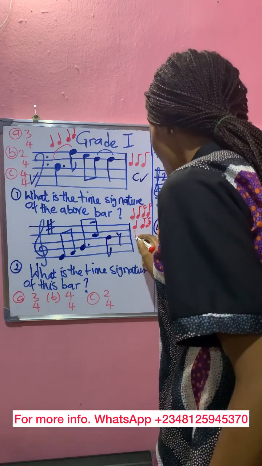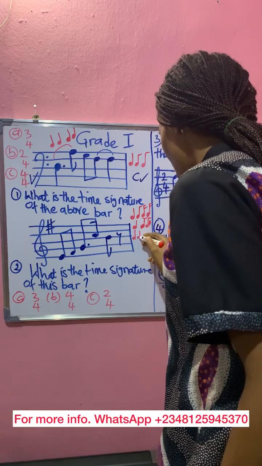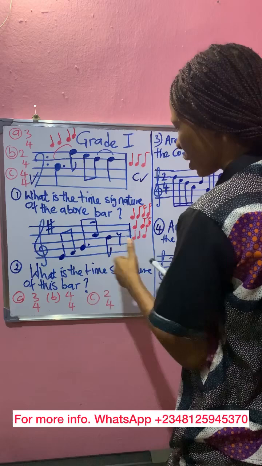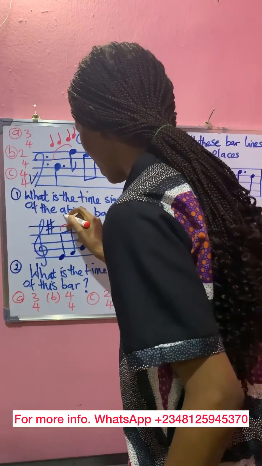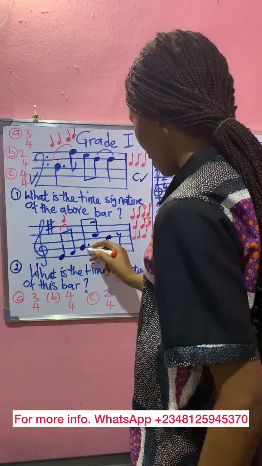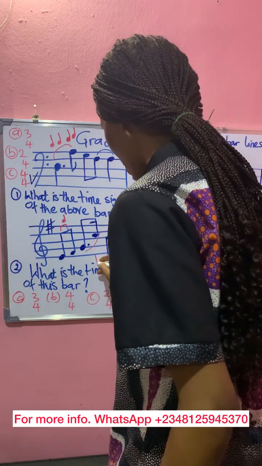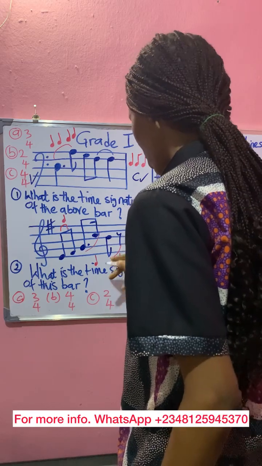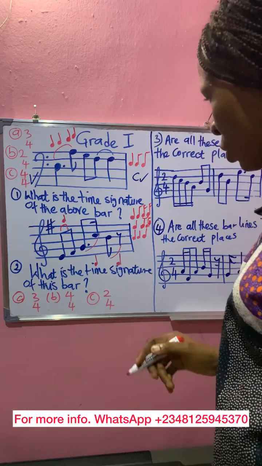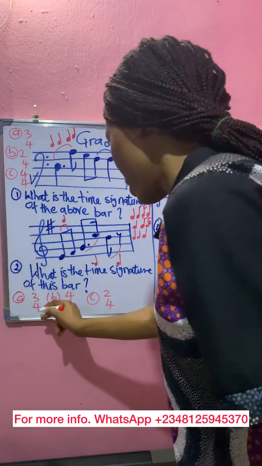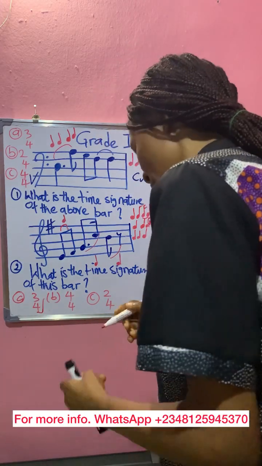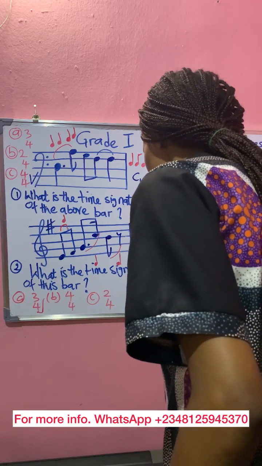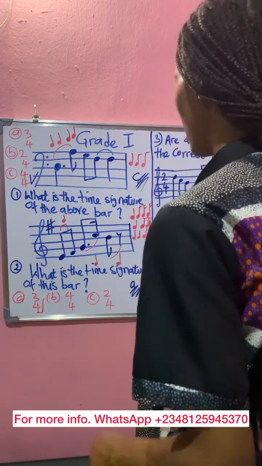So this is 1 crochet, here to here is 1 crochet, here to here is 1 crochet, and here to here is 1 crochet. So 1, 1, 1, that is 3 crochets. So what is the answer? The answer is 3 crochets. So the answer here is C.